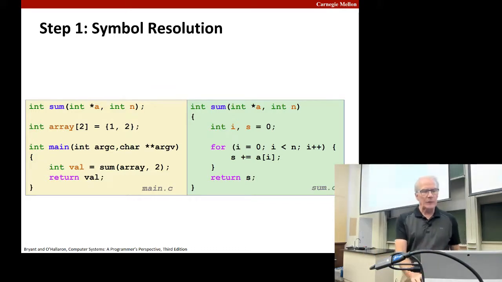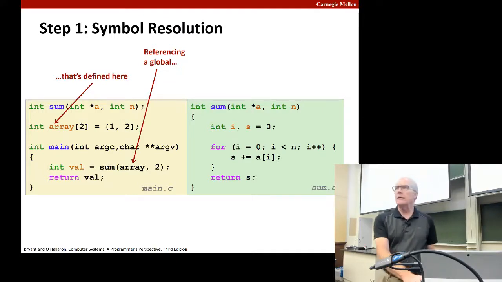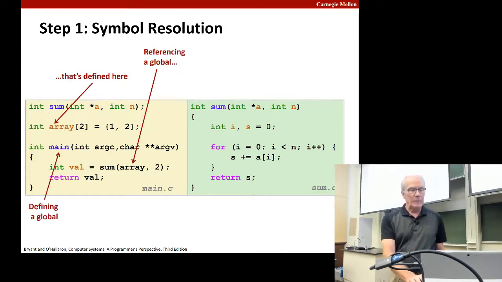And it's pretty simple in this case. For example, array is a symbol that's defined and referenced in the same file. Main is defined in the main function, and that's of course used by the compiler to set up the beginning of the program.